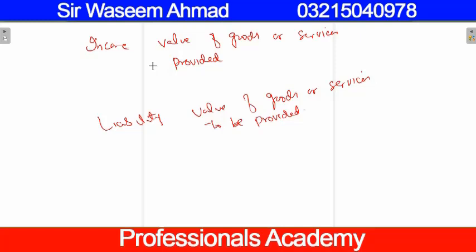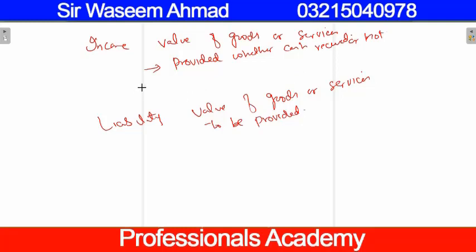When you have provided the services, again one more thing, whether cash paid or not, there is no link between income, expense and cash. Expense means the value of goods or services received, whether cash paid or not. Here it is, sorry, whether cash received or not.